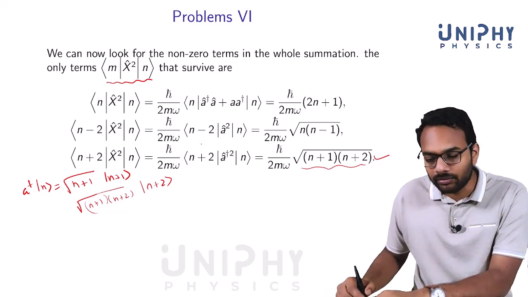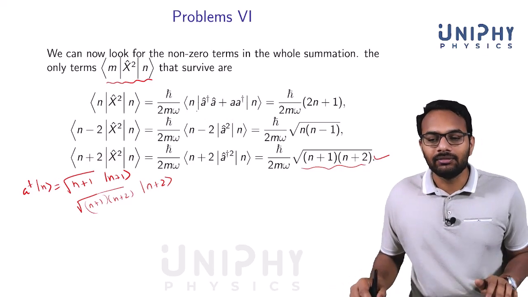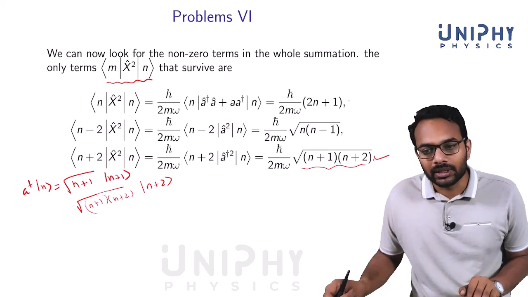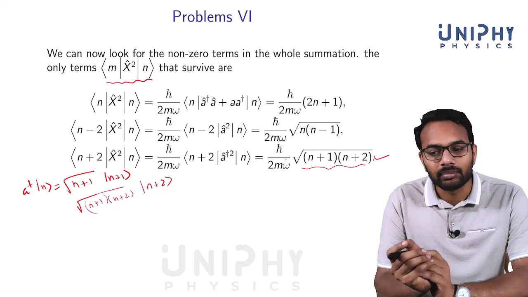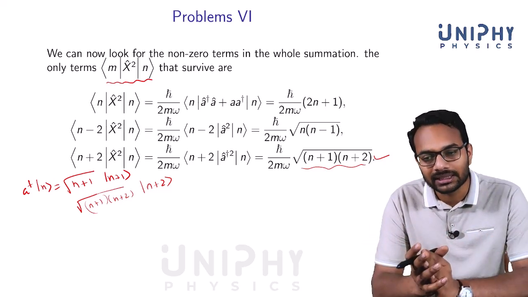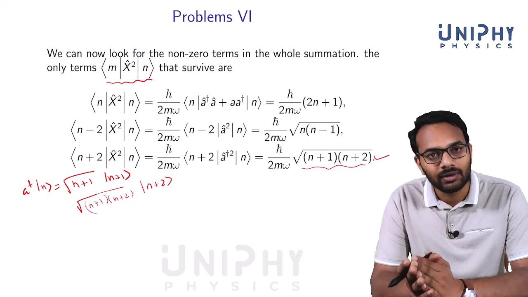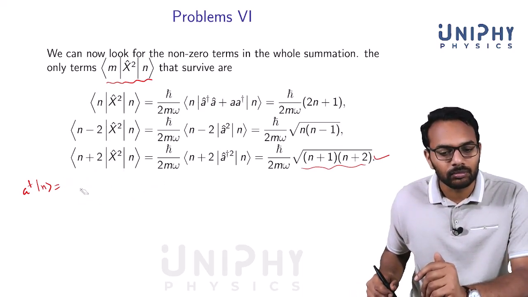Then we have left out this ħ/(2mω). When you add that, you get ħ/(2mω)(2n+1), ħ/(2mω) square root of n(n−1), and ħ/(2mω) square root of (n+1)(n+2). In this whole infinite summation, these are the only terms that will survive, because of the orthonormality relations.